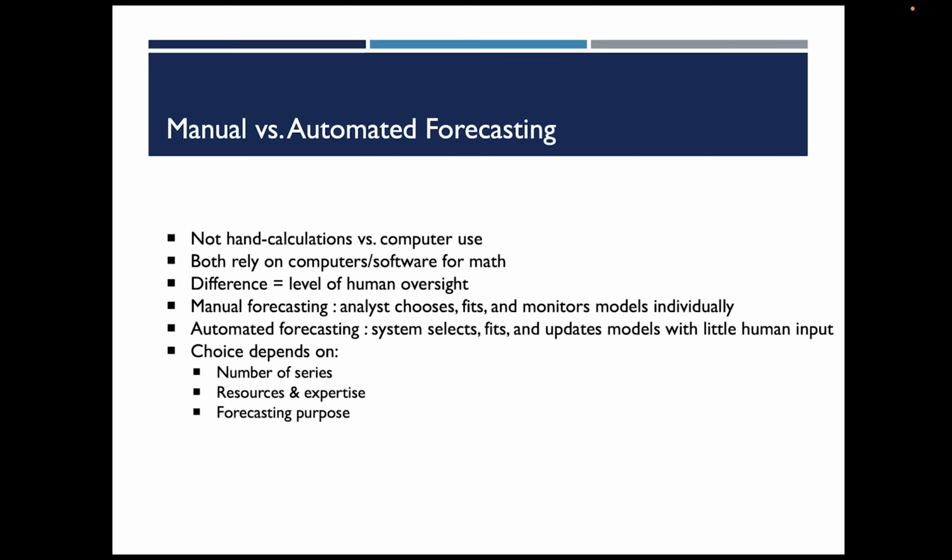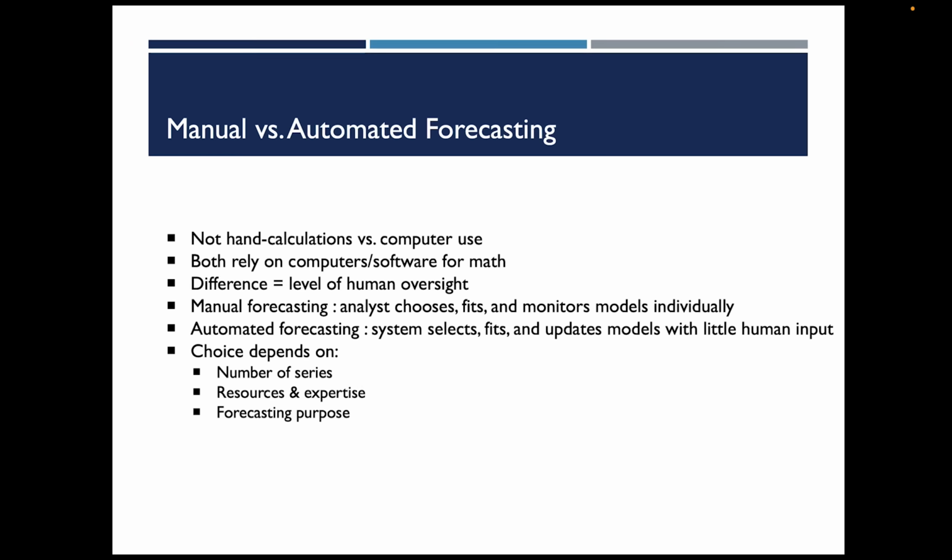However, we use automated forecasting when the process is done by the algorithm, by the machine. The software automatically looks at the data, chooses the appropriate model like exponential smoothing or ARIMA, fits it, updates it when new data arrives, and generates forecasts without your intervention as an analyst.